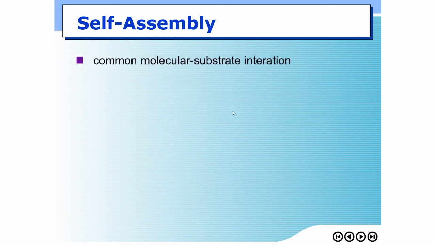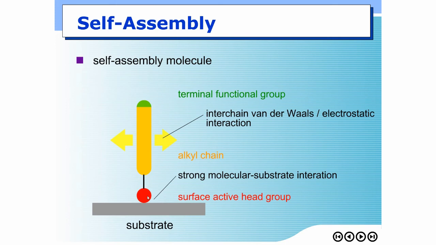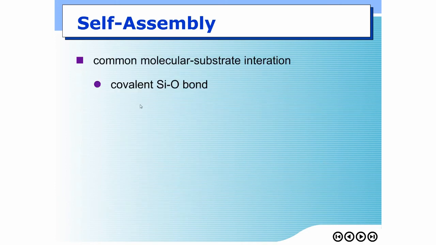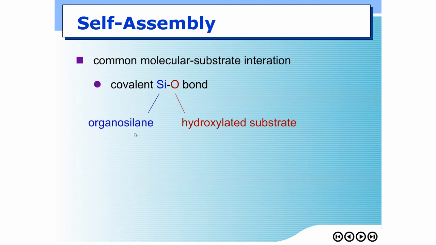Now, if we go back here, I want to discuss the interaction between these head groups and the substrate. There are several kinds. First, you can form a covalent bond. The most famous bond will be the silicon-oxygen bond. This silicon might come from the molecules that you want to put onto the surface. The molecules containing silicon and hydrocarbon are called organosilane. This oxygen would be oxygen as part of your substrate.